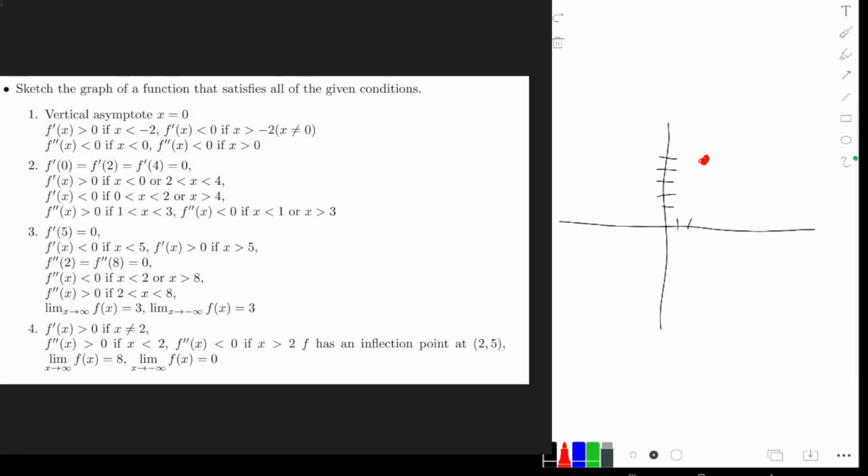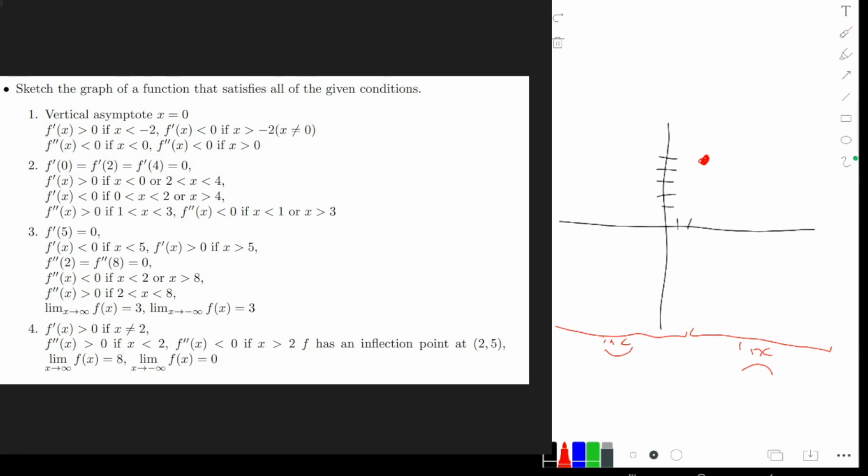All right? And it is increasing everywhere. But on the left-hand side of 2, it is concave up and increasing. On the other side of 2, it is concave down and increasing. All right.